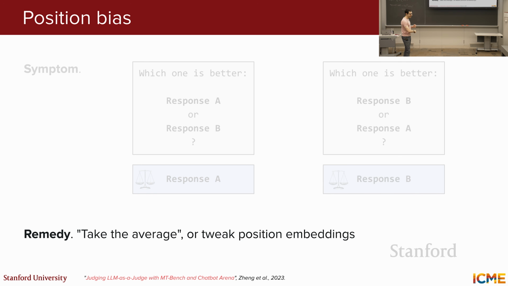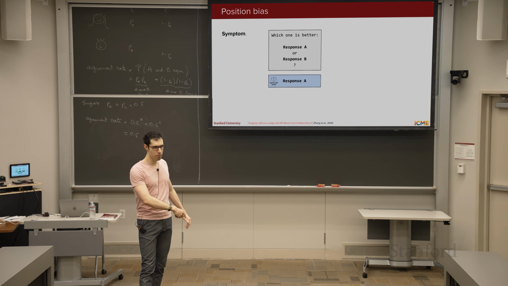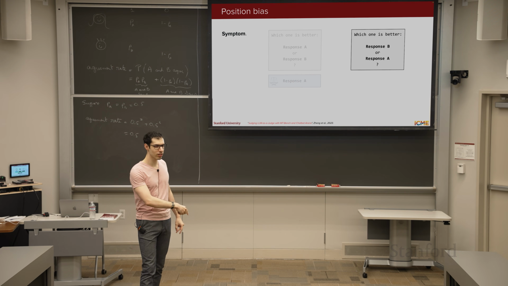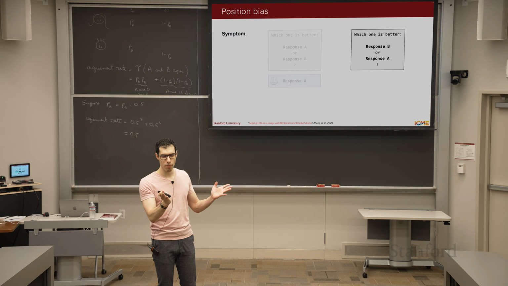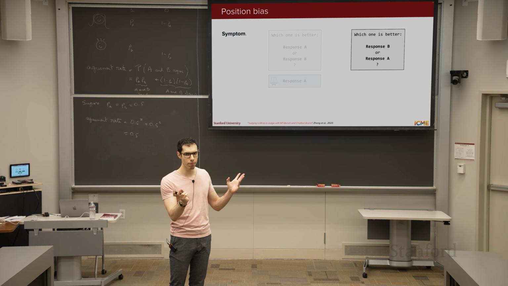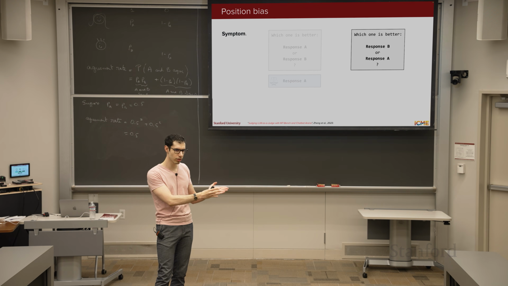As a way to remedy that, people have different techniques. One typical technique is to ask the model, is A or B better? And then ask, is B or A better? And then take the majority vote. If both lead to the same response, then it's good.